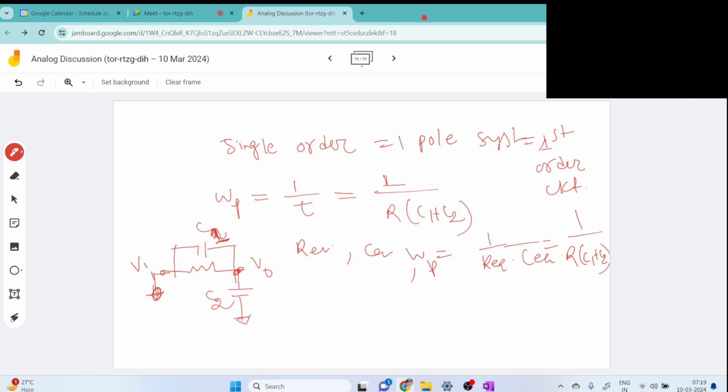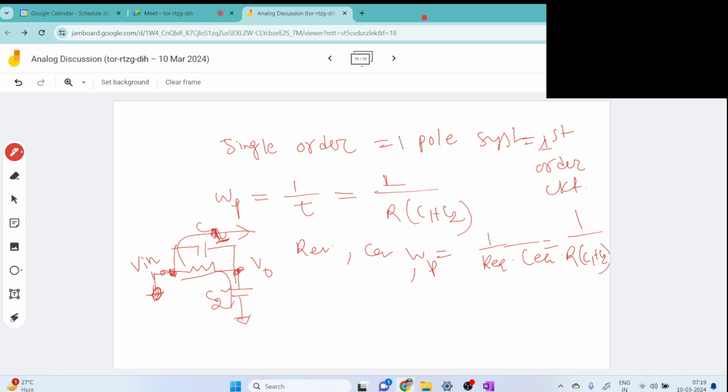This is our Vin, and we can see there are two frequency dependent paths, one from here and another from here. If we have two frequency dependent paths from input to output, there is a maximum chance of having a zero.